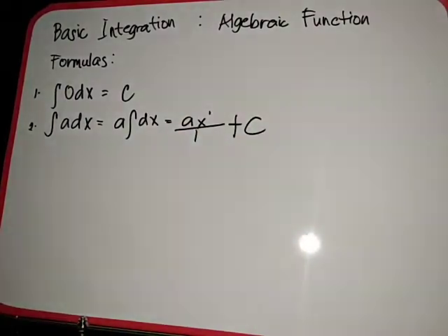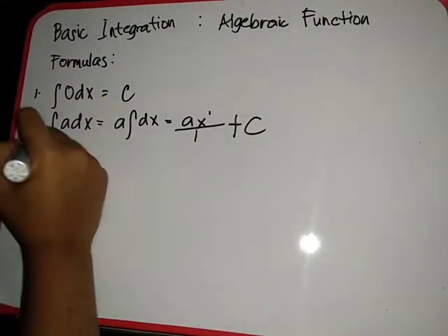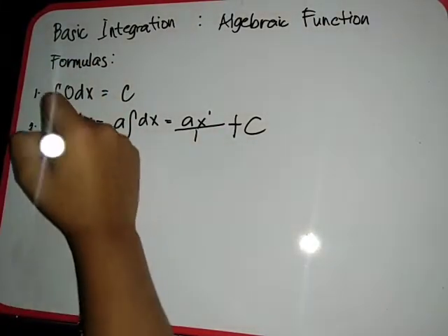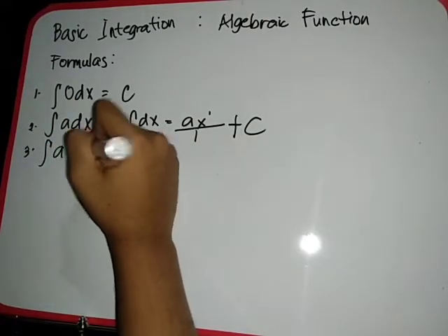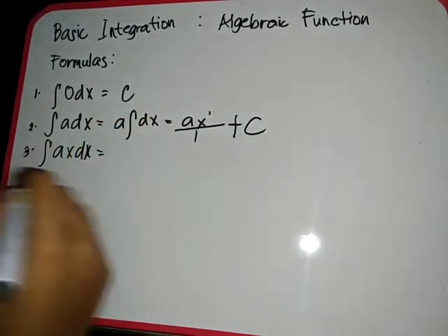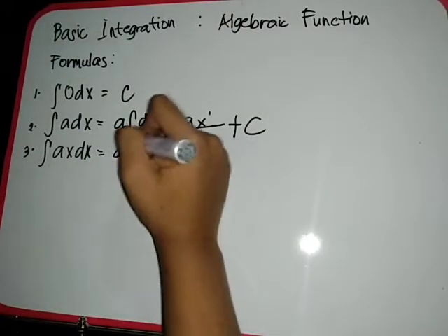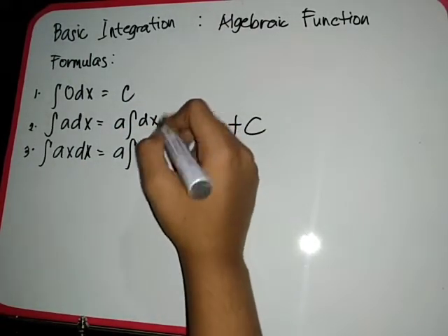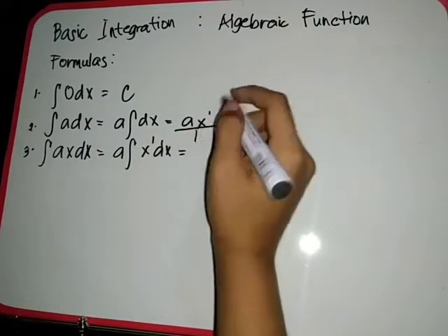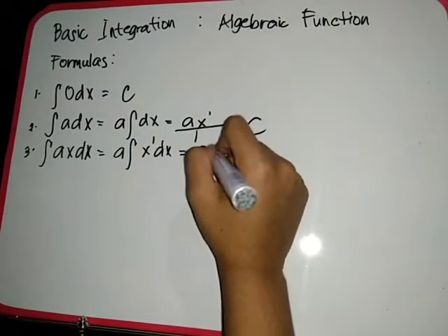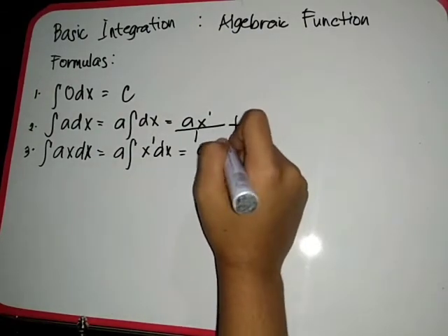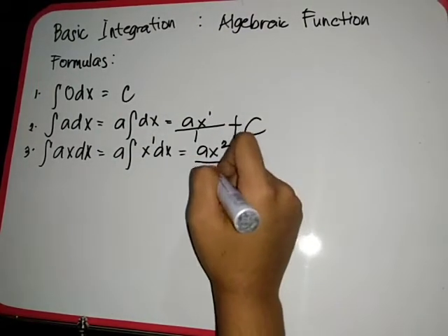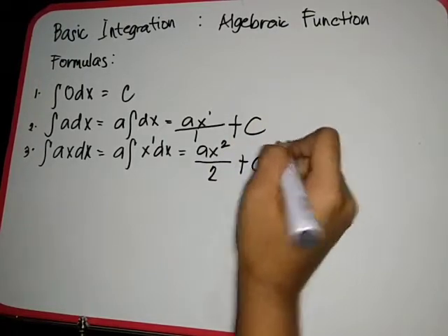So don't forget to write c in your final answer. Number 3 is the integral of ax dx is equal to a integral of x raised to 1 dx is equal to ax. So you will add here plus 1. So you have x^2 over 2 plus c.